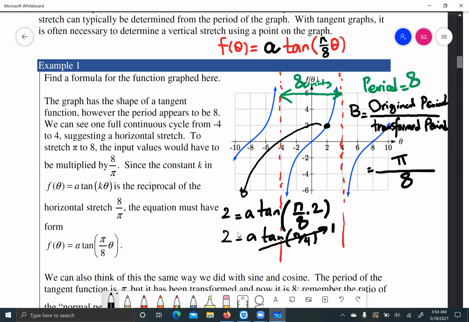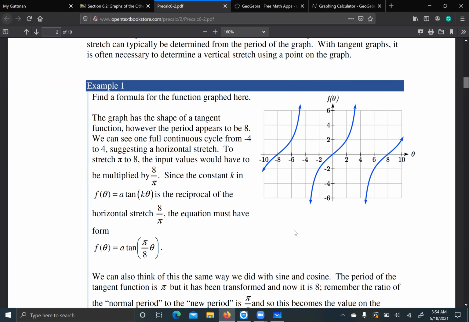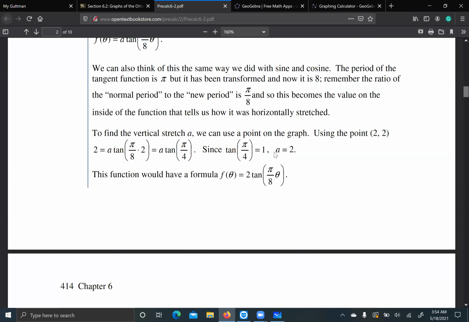Tangent of pi over 4 is 1, so A is 2. A is 2, that's it. So the answer is, this graph has the equation 2 tangent of pi over 8 times theta, okay?